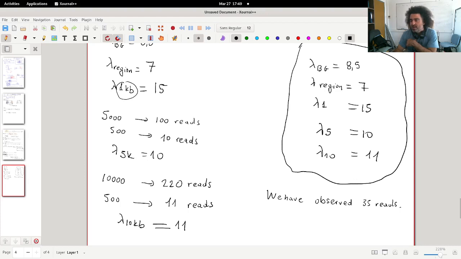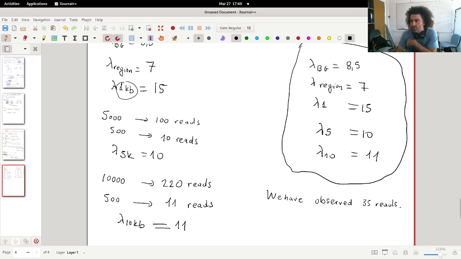So it might either happen that we have 35 reads and this is a part of the background, or because the region is interesting, or because around 1 KB of the position there are many reads, and so on and so forth.